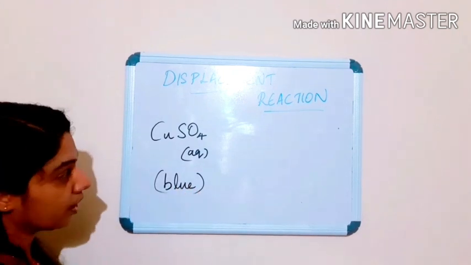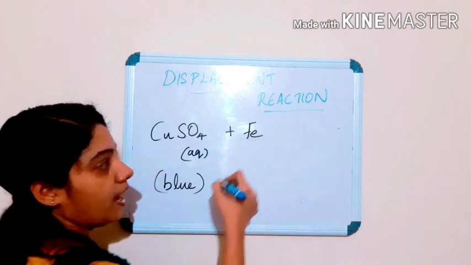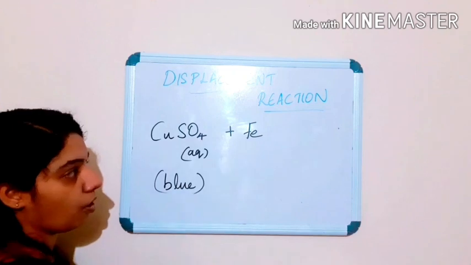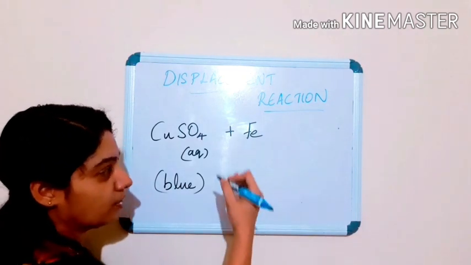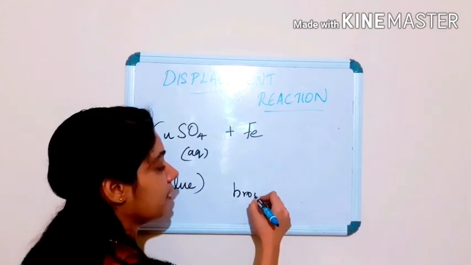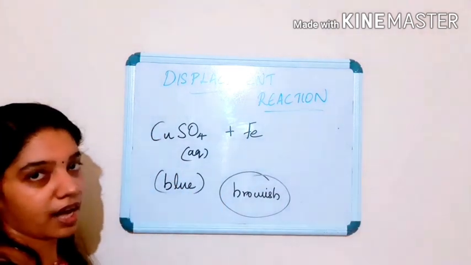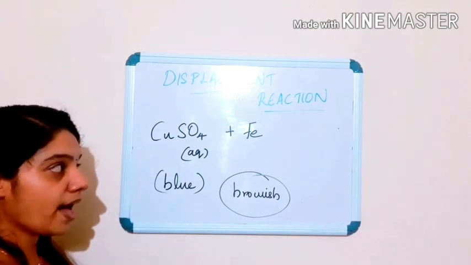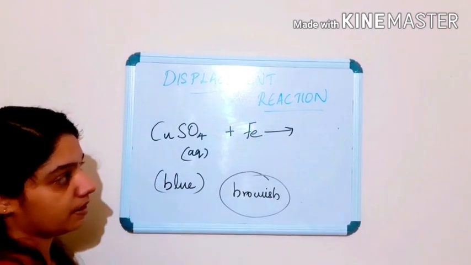When we dip iron, Fe, into the bluish copper sulfate, after some time you can see a brownish colored deposition on the surface of the iron nail. On the surface of the iron, you can see that its color has changed to brownish. What happened here is that it has undergone a displacement reaction.